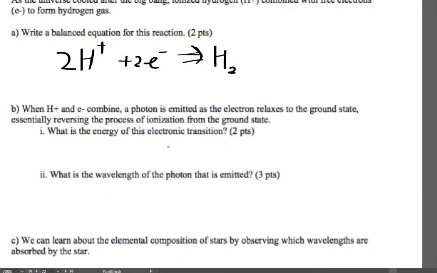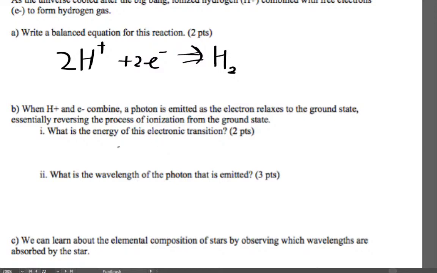When H plus and e minus combine, a photon is emitted as the electron relaxes to the ground state, essentially reversing the process of ionization from the ground state. What is the energy of this electron transition?